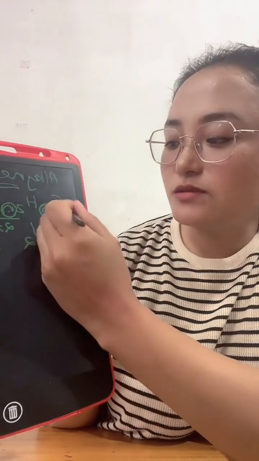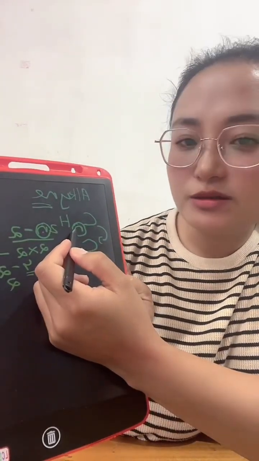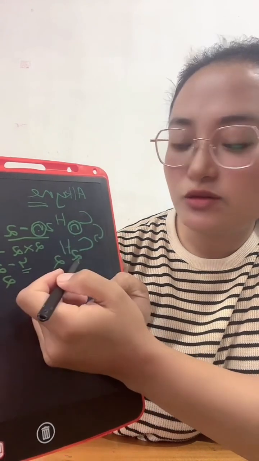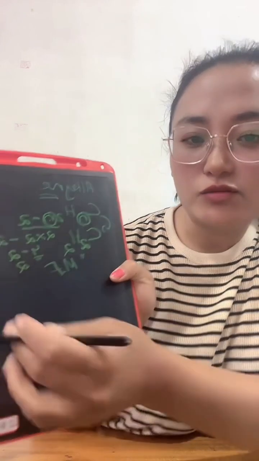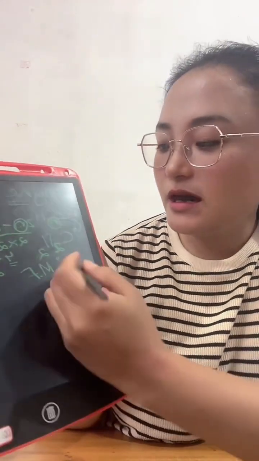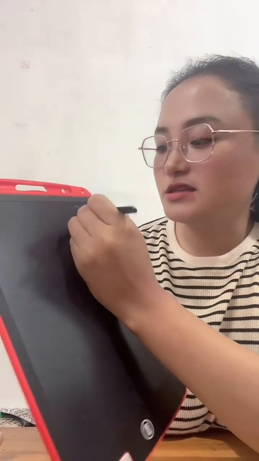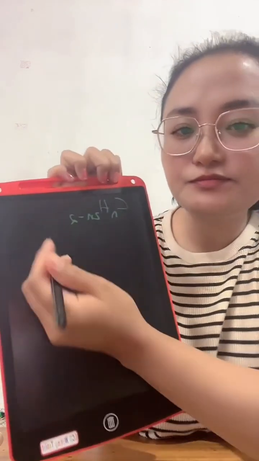Now this one is C2H2, where the value of n is 2. These are called molecular formulas. Okay, structural formula is more condensed. Now CnH2n minus 3. Okay, sorry, not minus 3, sorry. CnH2n minus 2 is the alkyne general formula.